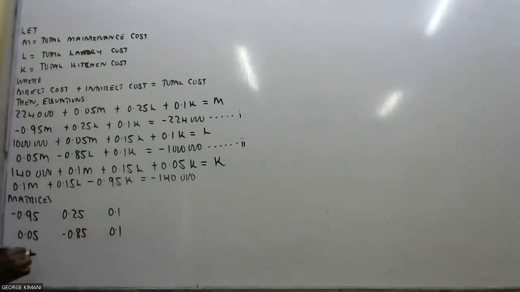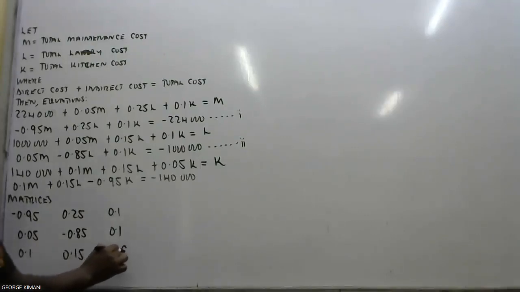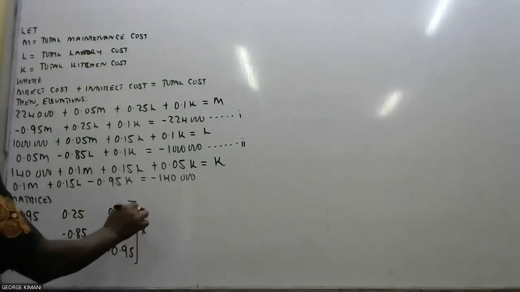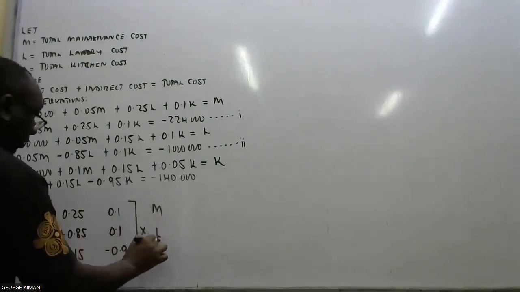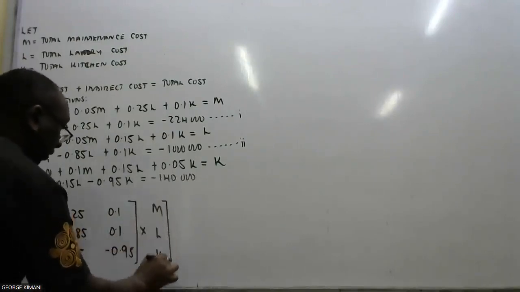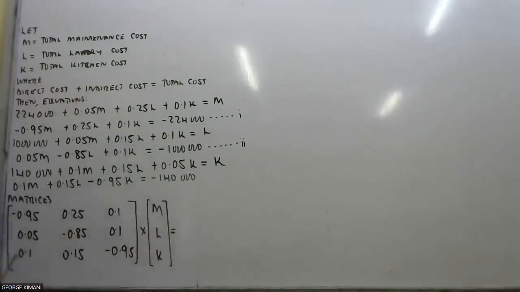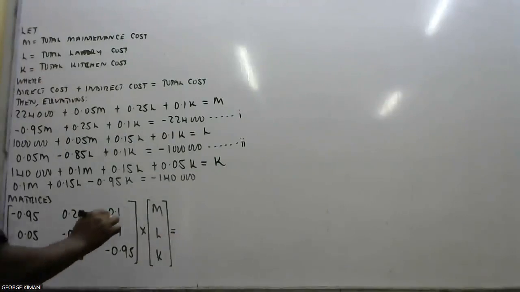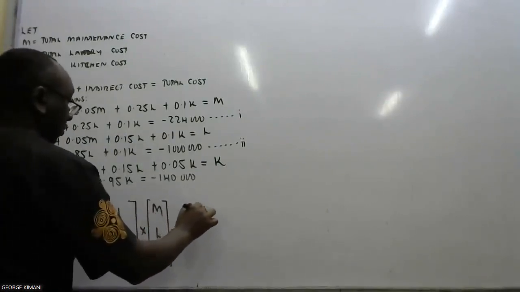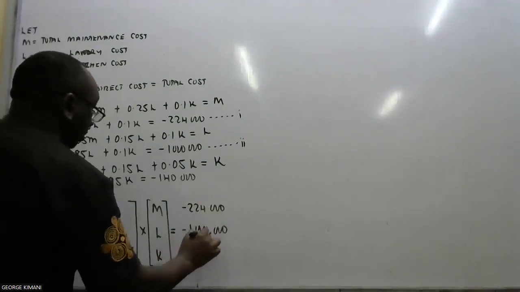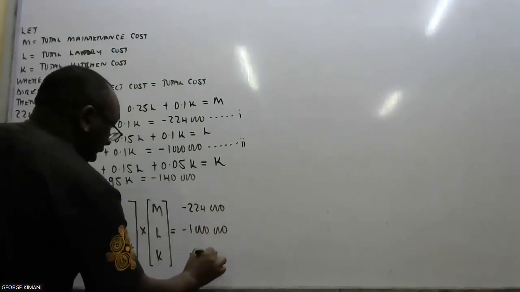Then I have 0.1, then 0.15 and minus 0.95. Multiply by M, L, and K. And then we have minus 224, minus 1 million, minus 140.